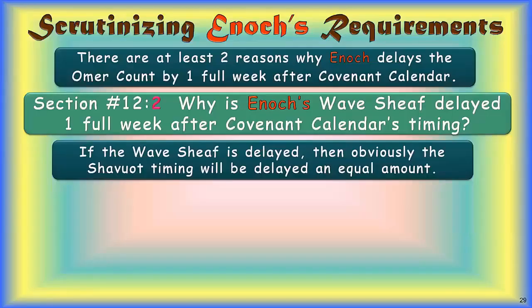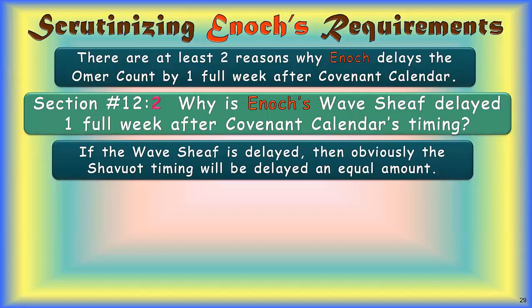Scrutinizing Enoch's requirements. There are at least 2 reasons why Enoch delays the calendar or delays the Omer count by 1 full week after the covenant calendar. And here's section 12.2. And where is 12.1? Well, section 12.1 is coming next, but we're doing it a little bit different because it's a little bit easier to explain this way.